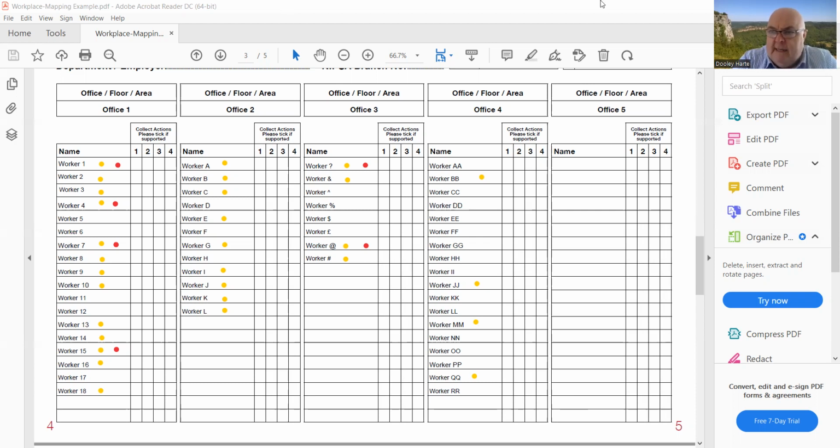We then have 2 very specific objectives. One is that in Office 2, we're going to try and recruit 2 members onto the branch committee. And the second objective is in Office 4. Why we would like to have somebody from Office 4 on the branch committee?